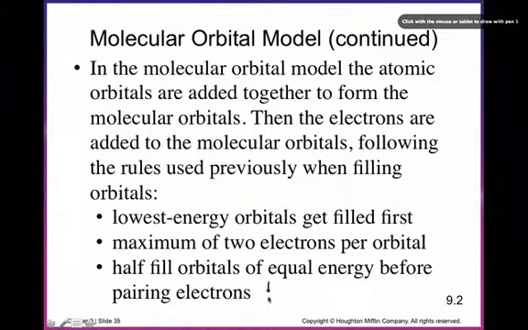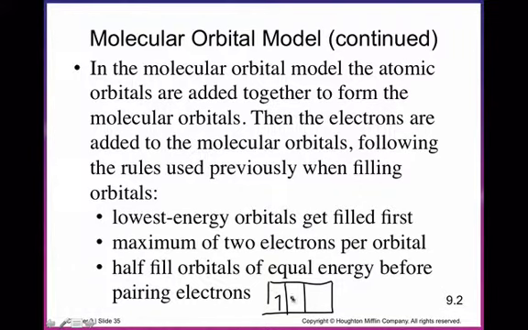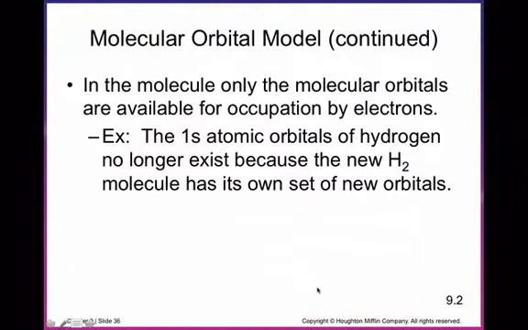The example that goes along with that, if you remember the p orbitals where there were 3, we would fill each box first, then we would go back and pair them. So in this one, if we see, for example, 2 orbitals that have the same energy, we're going to put 1 in each orbital first, and then we'll go back and pair them up. So same rules we used before.